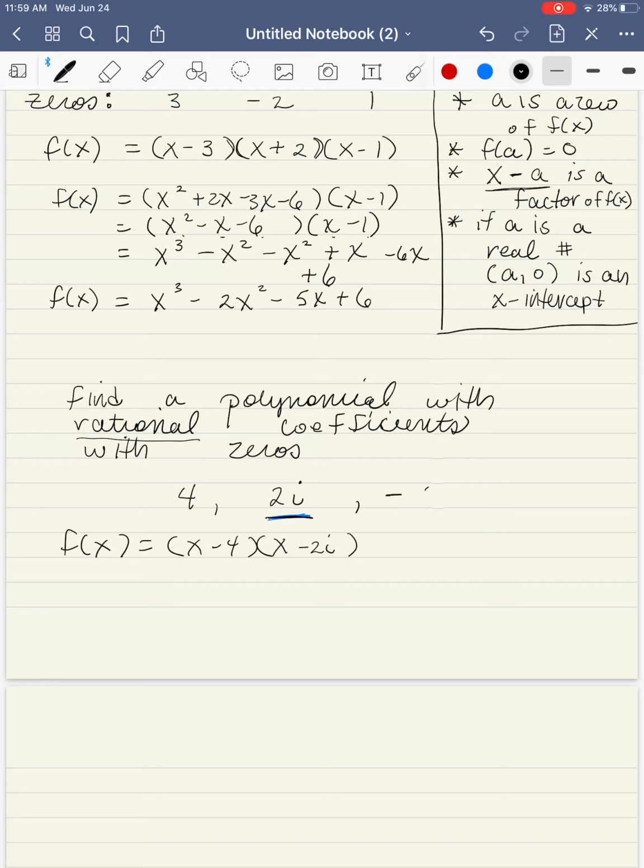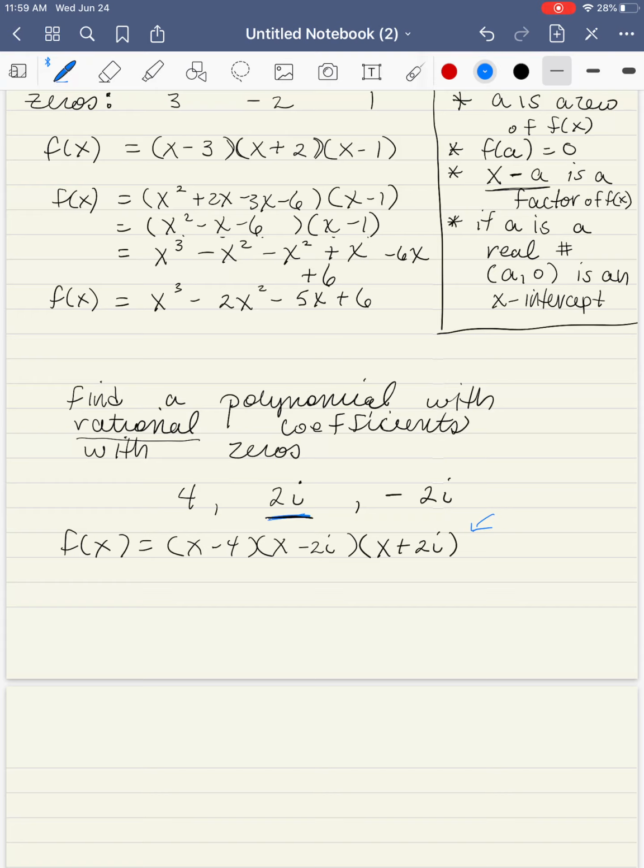So looking back up here at my list of zeros, if I have 2i as a zero, I must also have its conjugate, minus 2i, as a zero. So that gives me a third factor, x minus negative 2i, which is x plus 2i.